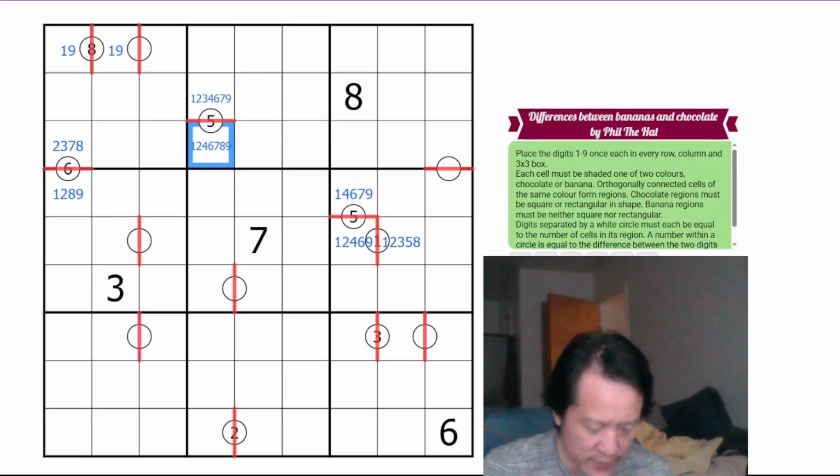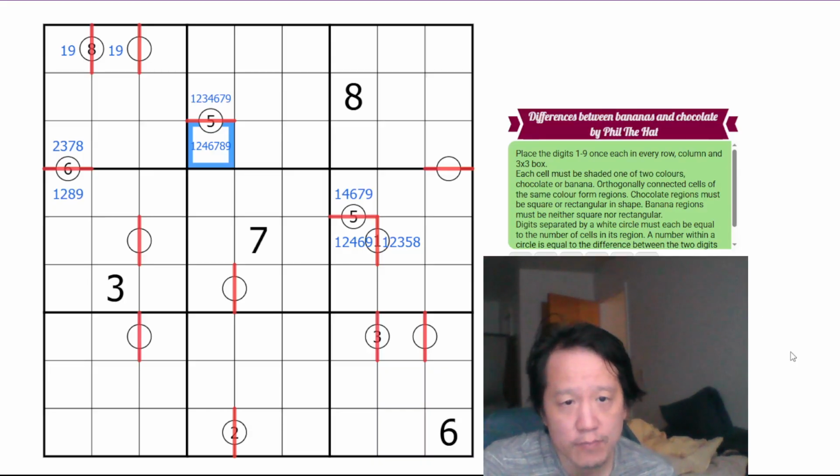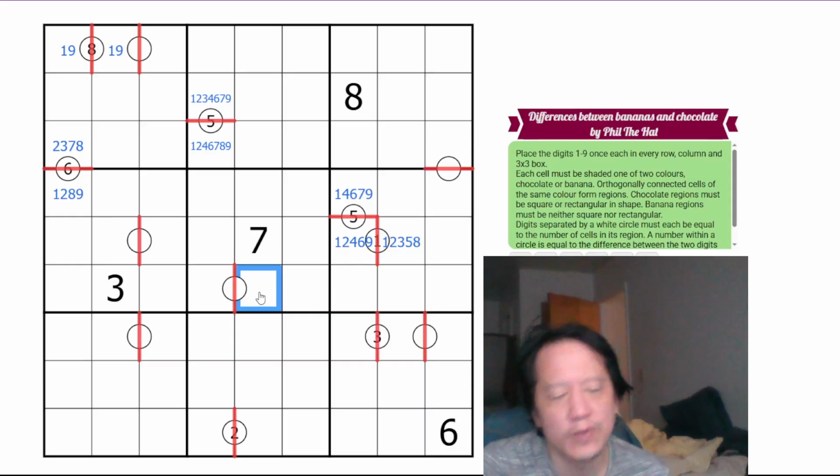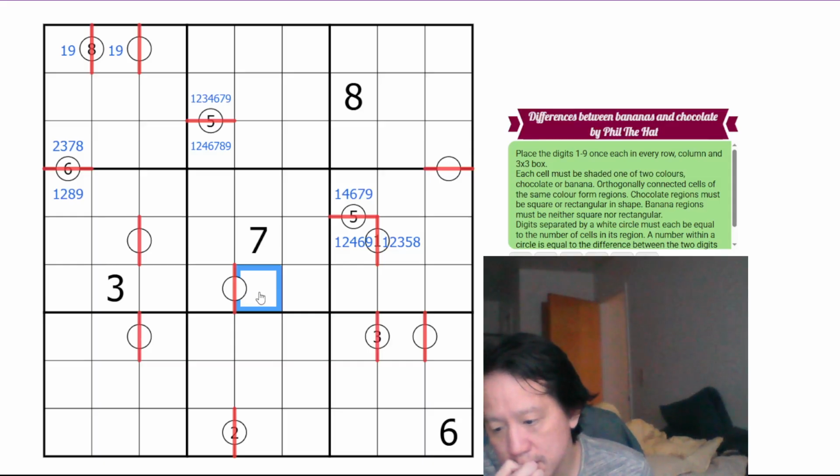So 5 and 7 are guaranteed banana. But that's only if it's next to a white circle.